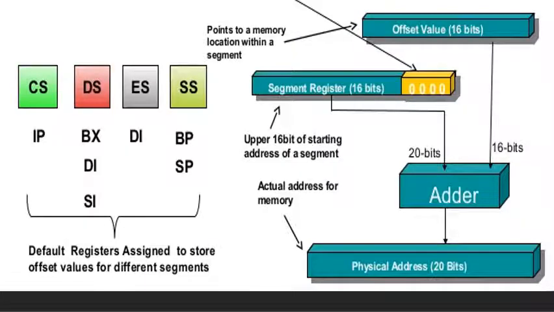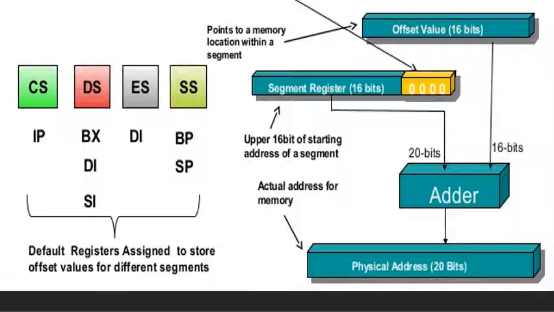Now we will see how the physical address is being formed in the 8086 microprocessor. The instruction pointer register contains a 16-bit value that defines the location of the next instruction to be fetched from the code segment. It contains the offset or effective address of the next instruction instead of its physical address. The instruction pointer and code segment are both 16-bit registers, but a 20-bit address is needed to access the memory.